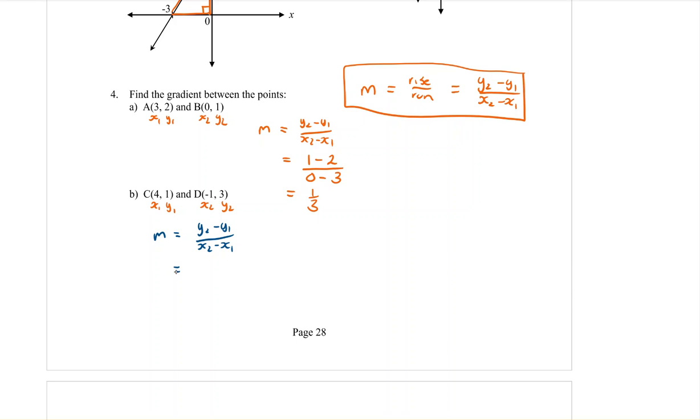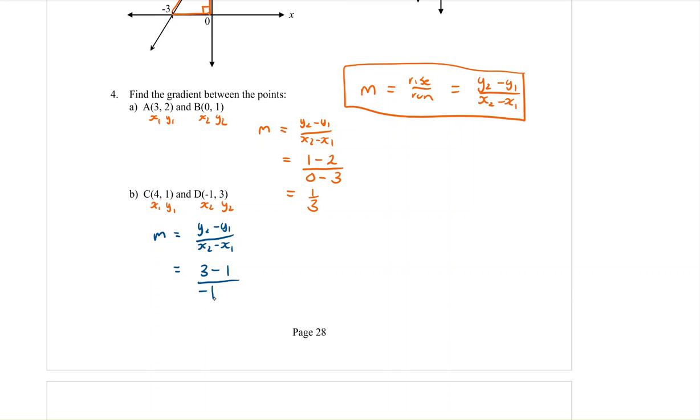Okay, let's sub in, substitution. What is y2? Yep, the 3 minus the y1, which is 1, over, what's x2? Minus 1. Okay, does everyone other than Will understand what I'm doing here? Because he's the only one telling me no, it doesn't make sense?